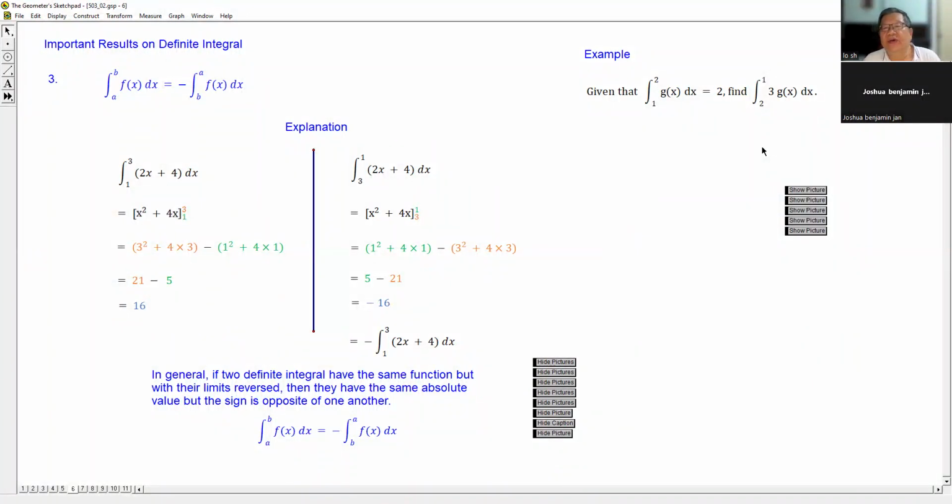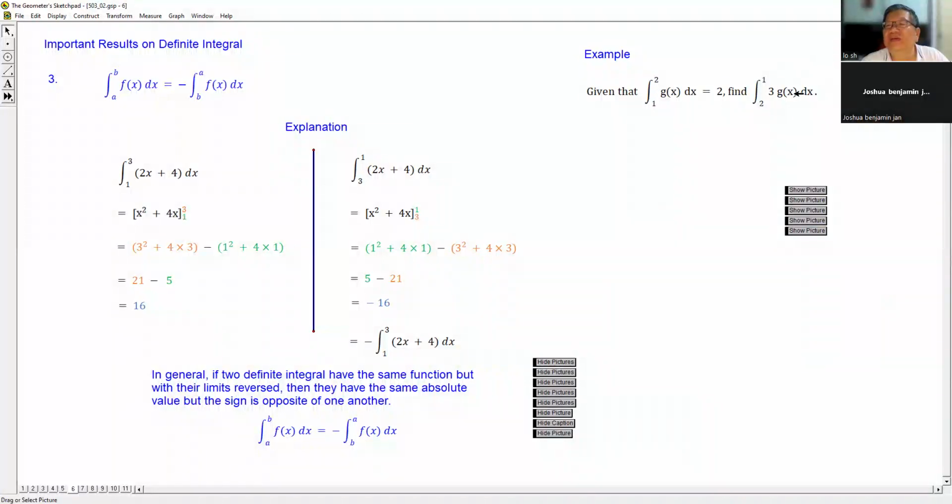What is the question? The question is, find the value of this definite integral. We have to find the value. Now, what is this? This is the integral from 2 to 1, 3g(x) dx.